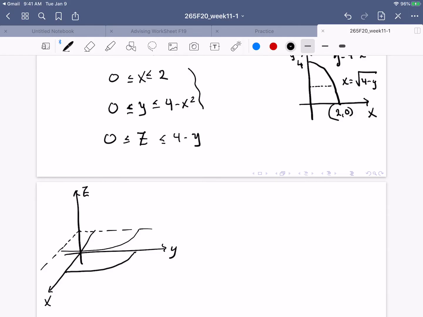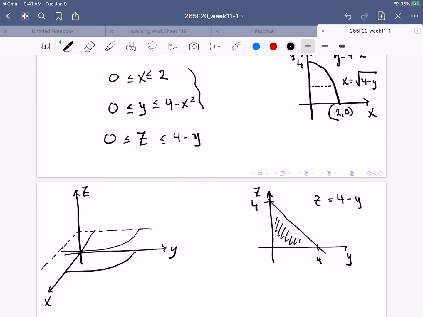And then this last bit of information, that z is less than or equal to 4 minus y. Well, I could graph the extreme, that z equals 4 minus y, and so there would be intercepts on both axes at 4. Okay, and so we'd be looking at this region here.